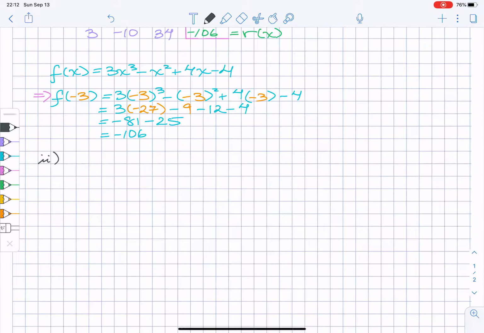Okay, what's number 2? Let's try 5x to the 5th minus 4x to the 4th plus 3x cubed minus 2x squared plus x minus 1 divided by x minus 1.